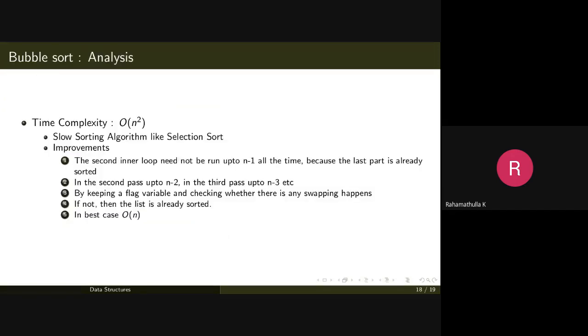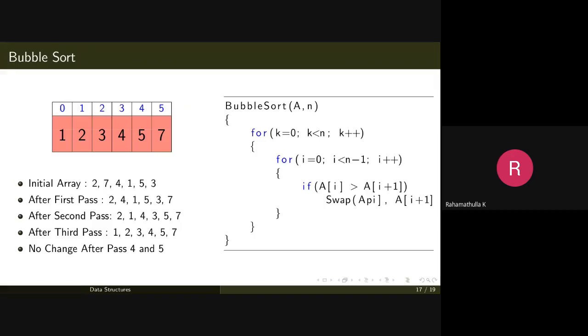You can actually do some improvements to the sorting algorithm. That is, the inner loop need not be run up to n minus 1 number of times all the time, because the last part is already sorted. For example, if you have already done one pass, then there is no need to go up to n minus 1.